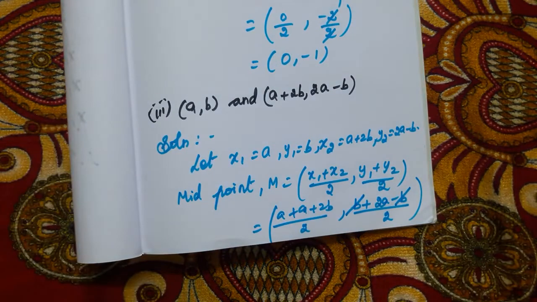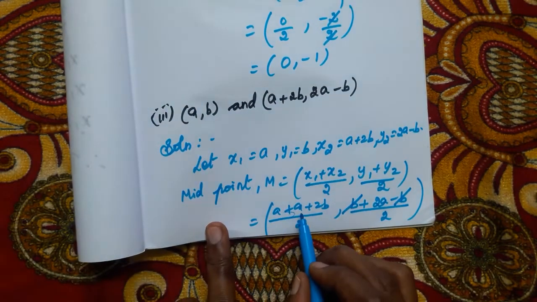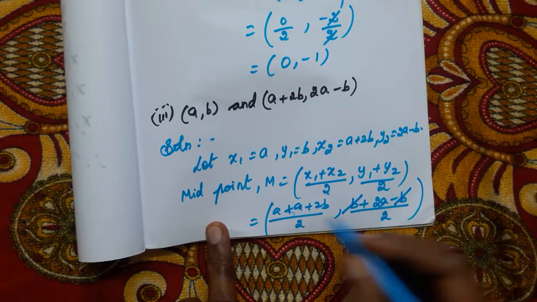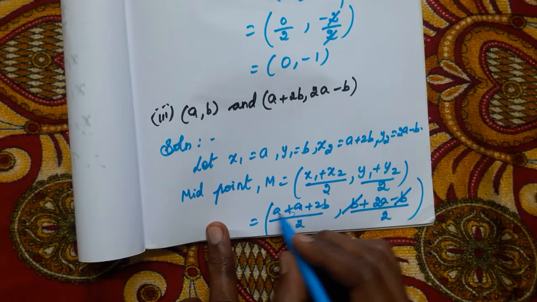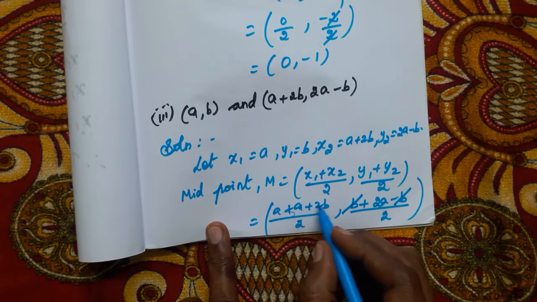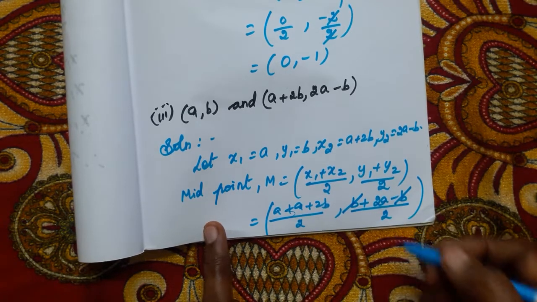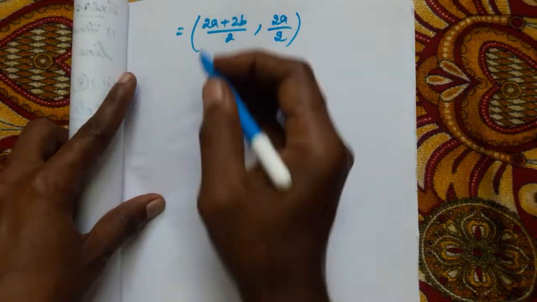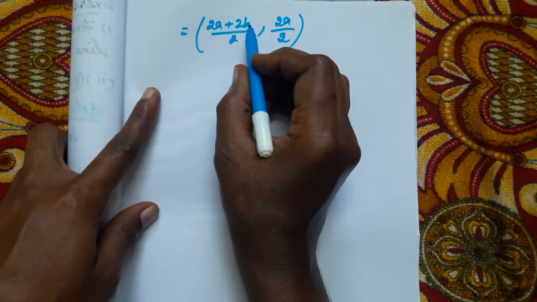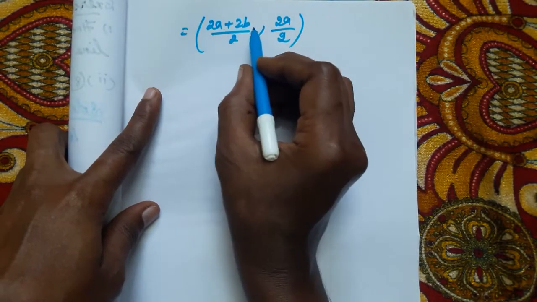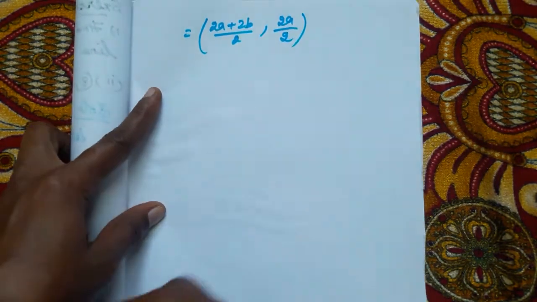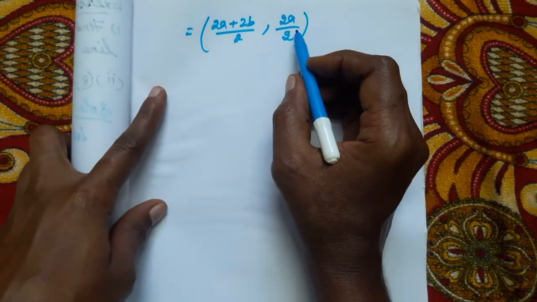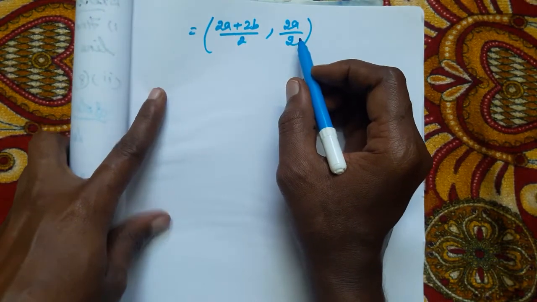Next a plus a is 2a, so 2a plus 2b by 2, and 2a by 2 we will get.